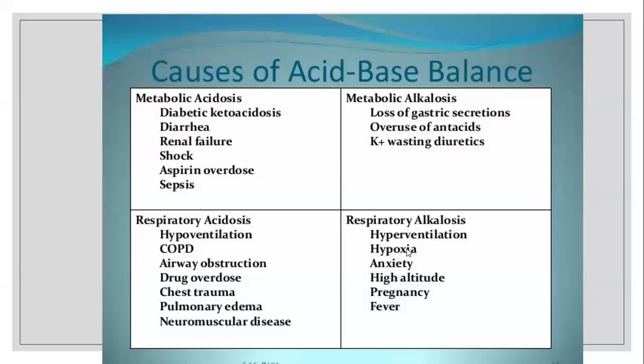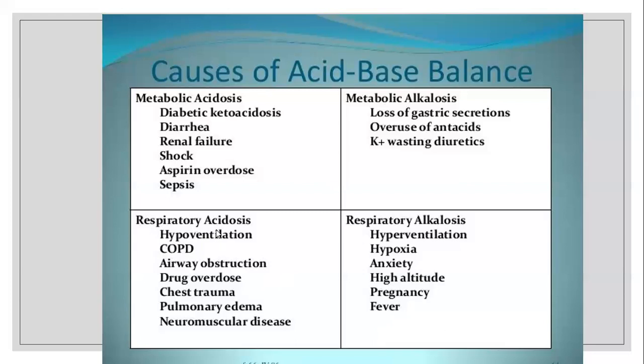Hypoxia, you have less oxygen, but you are struggling for air, so your lungs hyperventilate, trying to compensate, breathing too fast. Anxiety leads to breathing too fast. High altitude, pregnancy or fever. These are examples of respiratory alkalosis.